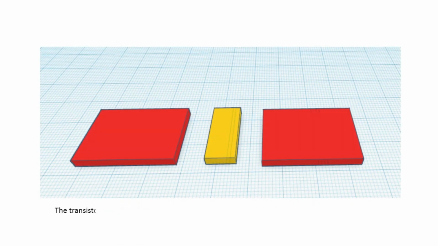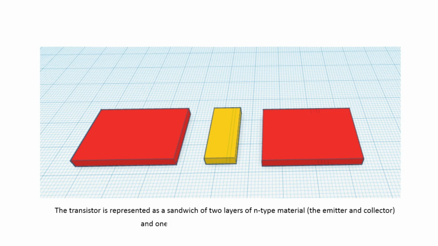The transistor is represented as a sandwich of 2 layers of n-type material, the emitter and collector, and 1 layer of p-type material, the base.